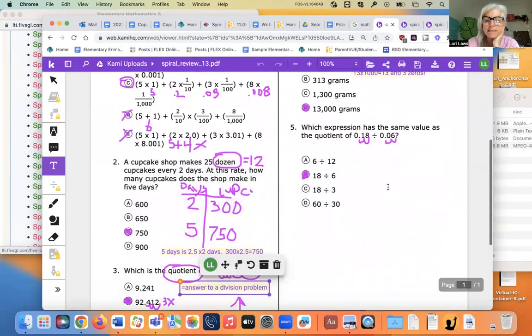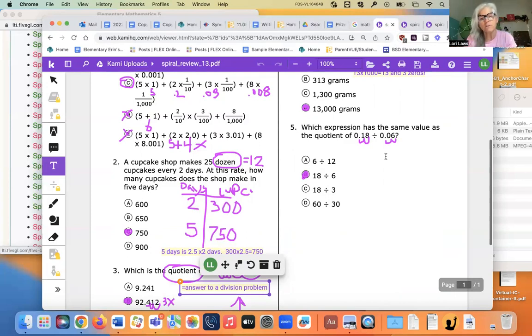Which expression has the same value as the quotient of 0.18 divided by 0.16 or 0.06. They're just making sure you know that when you times or divide both sides of an equation by the same amount, it comes out the same. 4 divided by 2 is 2. Well, if you times the 4 by 2 and make it 8, and you times the 2 by 2 and make it 4, 8 divided by 4 is 2.